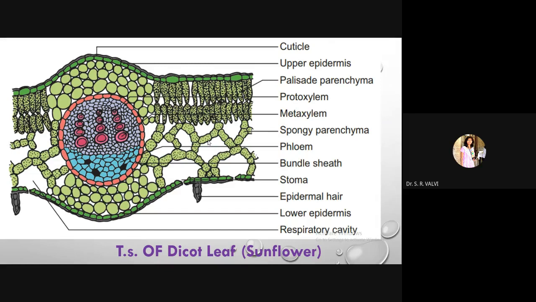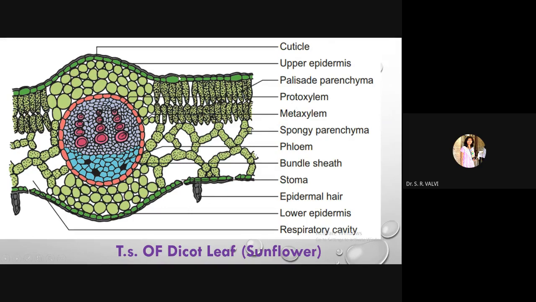Please do remember this leaf differentiates into upper epidermis, lower epidermis, and the mesophyll cells in between. The mesophyll cells are again divided into elongated palisade cells, whereas the smaller, rounded or oval cells with intercellular spaces are the spongy cells, or spongy parenchyma. See my cursor: palisade parenchyma and spongy parenchyma.